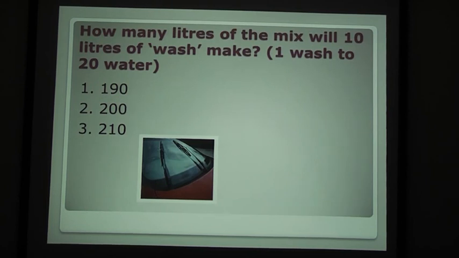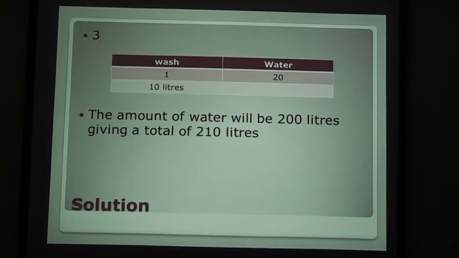How many litres of the mix will 10 litres of wash make? So now it's saying to you, the wash is 1 wash to 20 water. That's the proportions you're using. Hopefully, what you found at this stage is you knew you were using 1 to 20. 10 litres will be 10 times the amount.